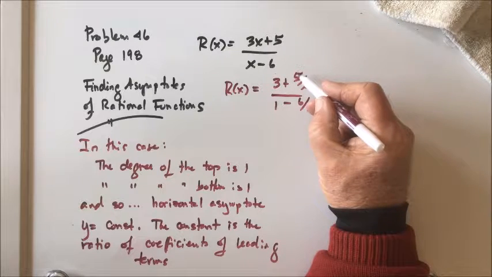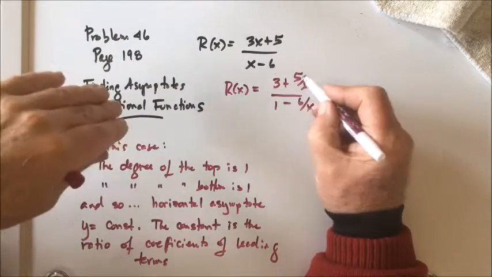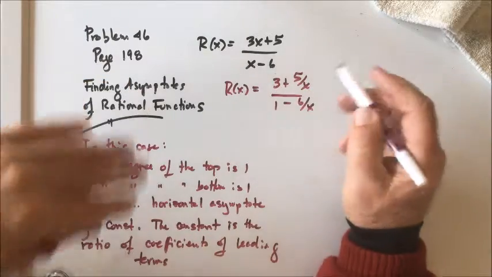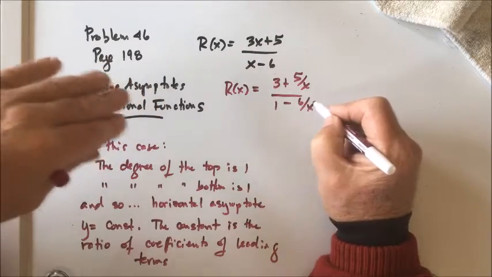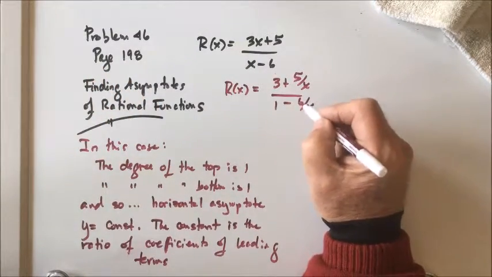So I'm going to imagine that x gets very large, and as x gets very large, the value 5 over x is going to get very small. For x large enough, 5 over x is going to get very, very small relative to 3. In the same way, as x gets very large, 6 over x is going to get very small relative to 1.